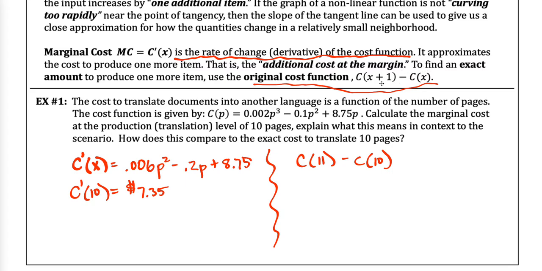You add 1 to the number that's being asked about, and you subtract the one that's being asked about. Now this came out to be 86.81 minus 79.50, which was $7.31.